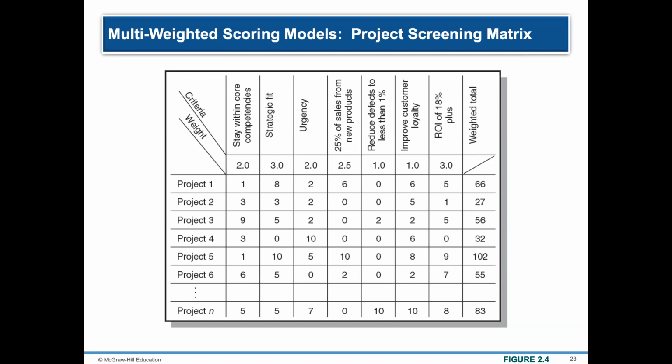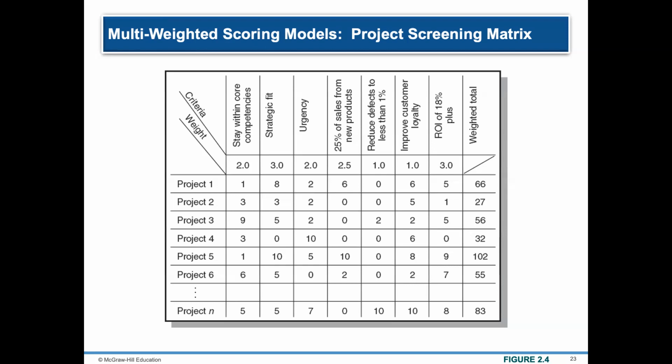So first, this project has to stay within the core competencies of the business. It should have a strategic fit with the company. It has to be urgent, and it has to generate 25% of the sales from new products. And one of the goals is that this project should be able to reduce defects to less than 1%, improve customer loyalty, bring us an ROI of 18% and above, and then you have the weighted total.